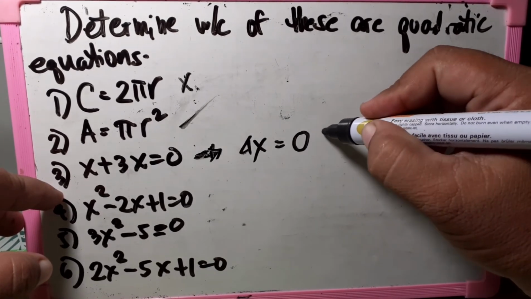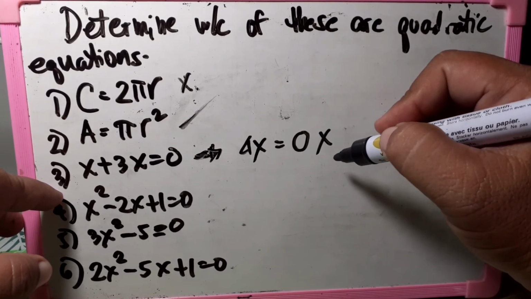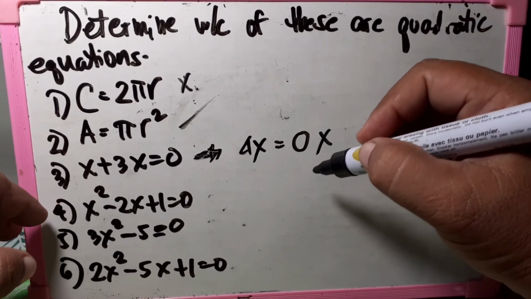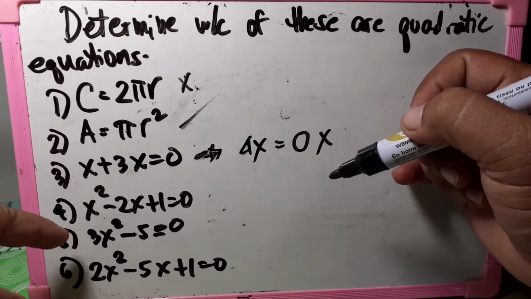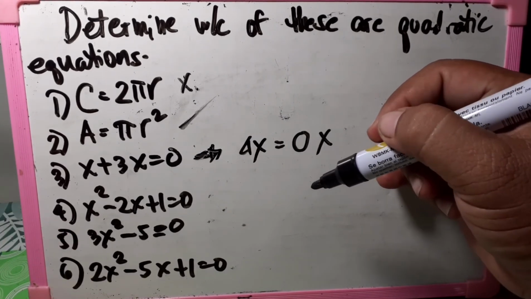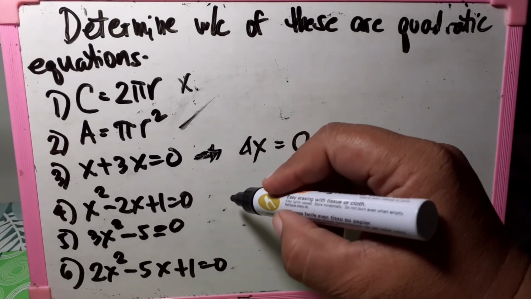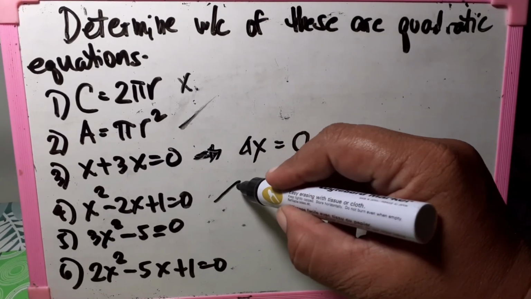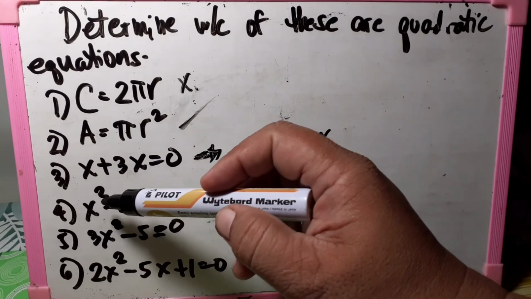Still, this is not a quadratic equation. Next, x squared minus 2x plus 1 equals 0. Quadratic or not? Of course, a quadratic equation because the highest exponent is 2.